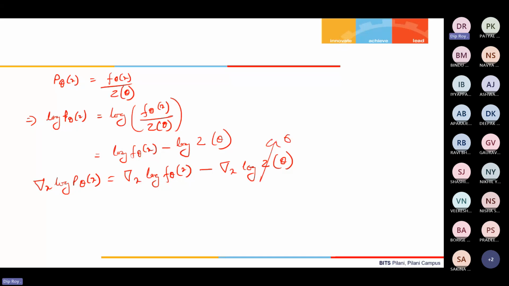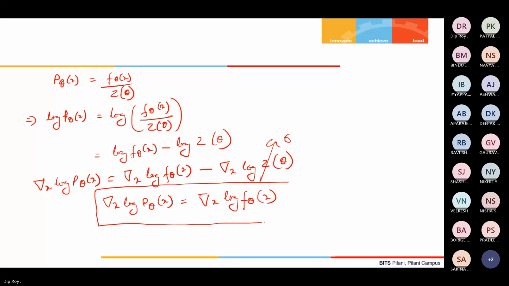So what has this form shown us? It has shown us that the log gradient of the likelihood is equal to the log gradient of the neural network, which implies that this is equal to this.